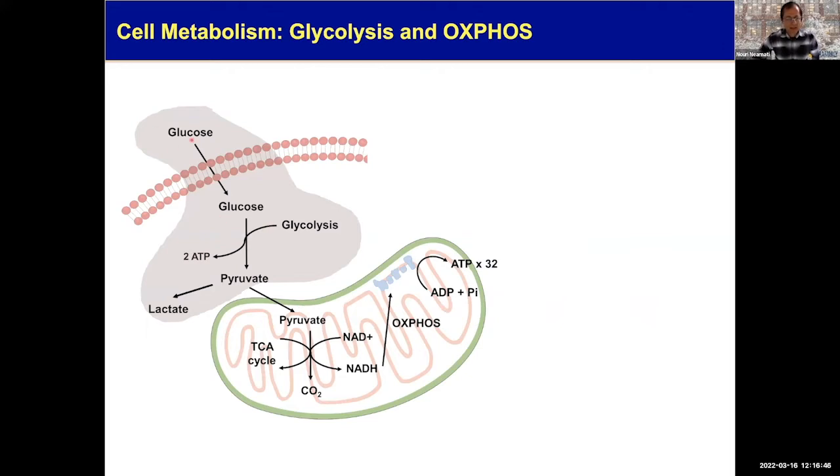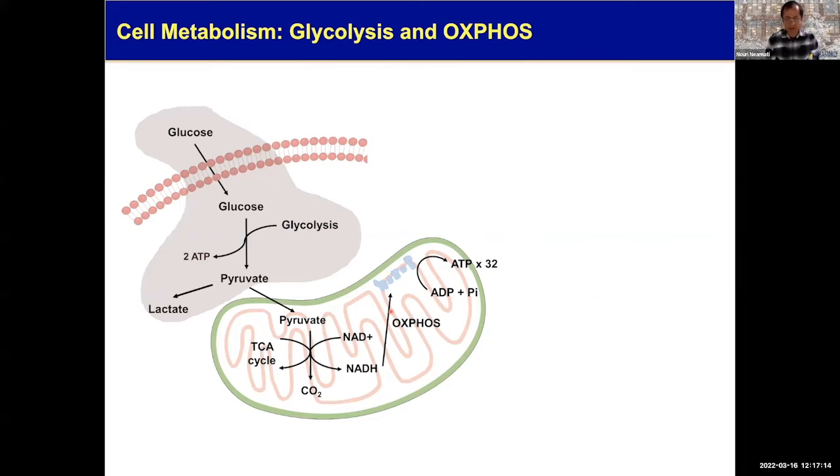The glycolysis process itself only generates 2 ATP, whereas the ETC, electron transport chain or OXPHOS, generates 32 ATP. That's the reason we say mitochondria is the powerhouse of the cell, because it can generate lots of ATP. So these are the major pathways for metabolism in the cell.